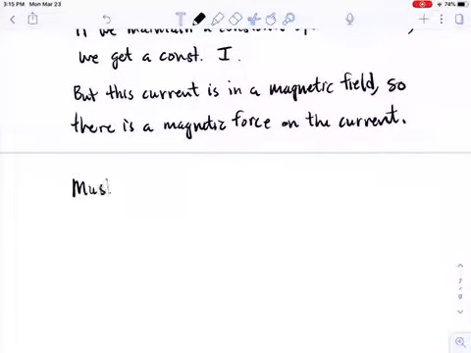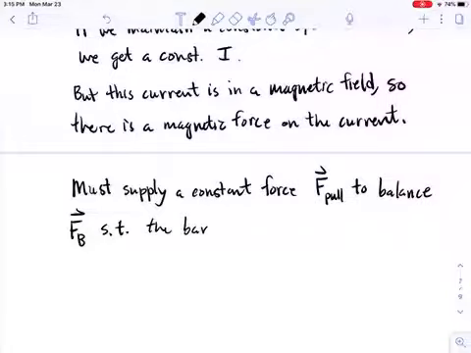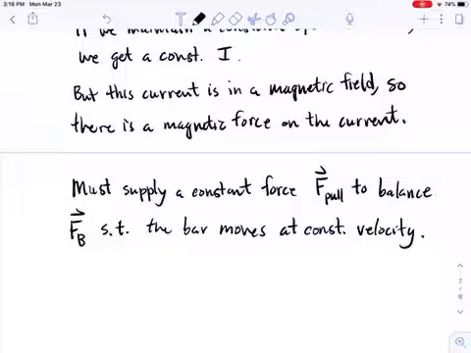So we must supply a constant force, maybe it's called F pull or something like that, to balance F magnetic such that the bar moves at constant velocity.